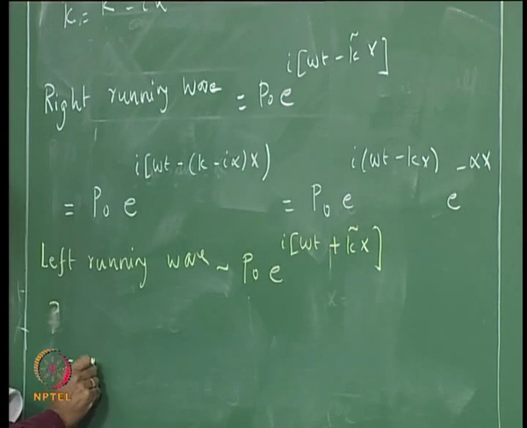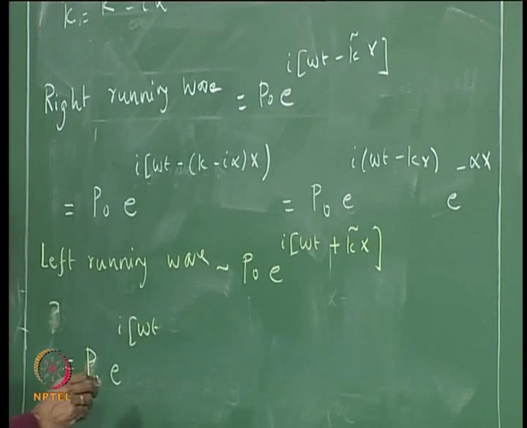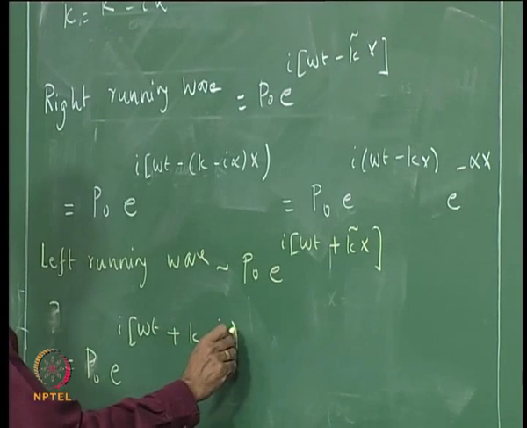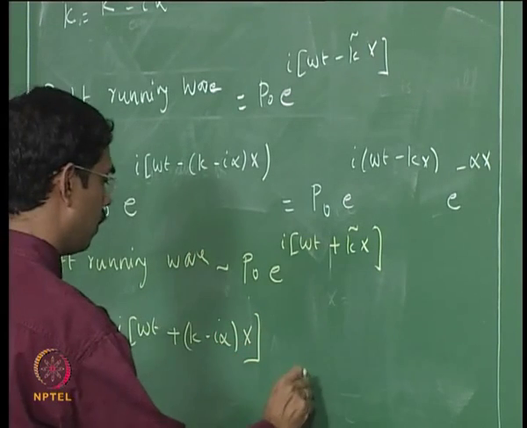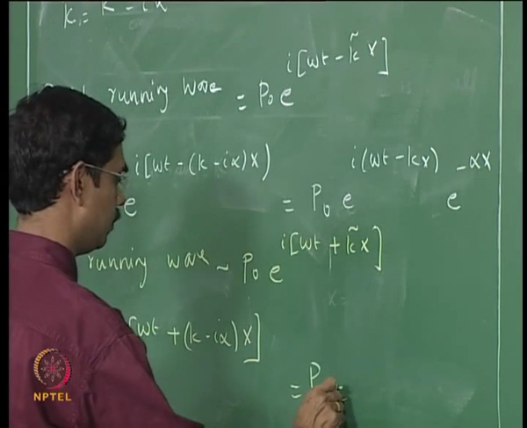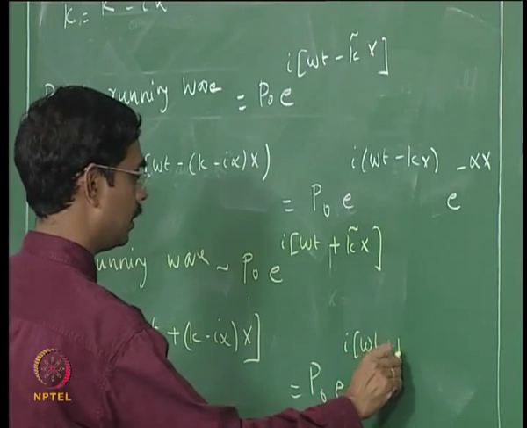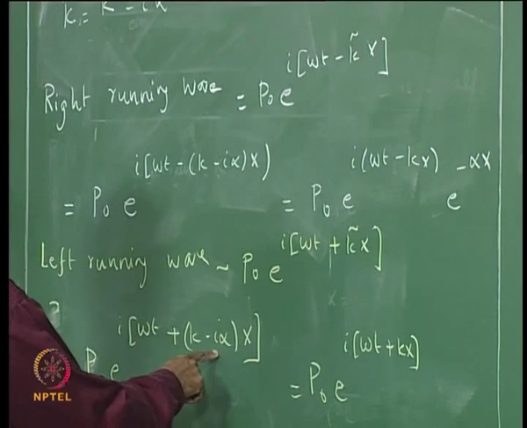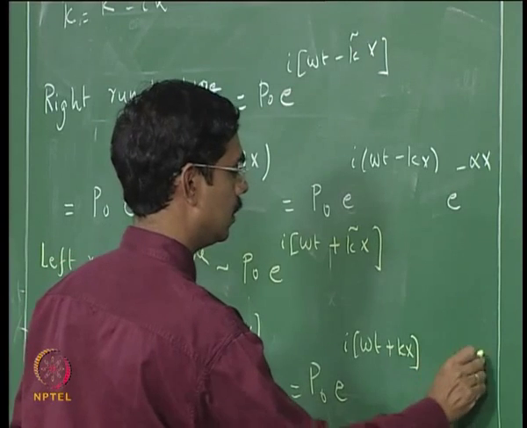So this would be p naught e power i times omega t plus k minus i alpha times x. So this would be p naught e power i times omega t plus kx times e power i times i is minus, minus times minus, e power alpha x.